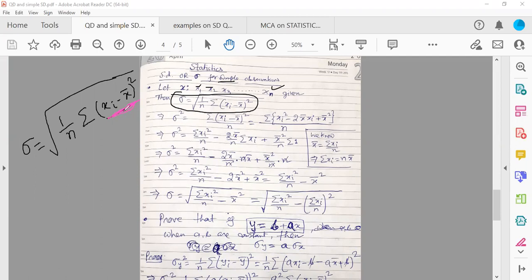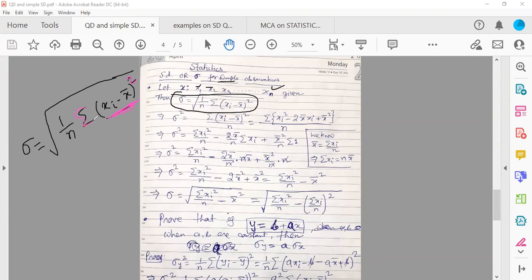So xi minus x bar is called deviation, difference or scatteredness, and then taking their square. So in broad, square deviation from mean. After that, you get the sum of them.